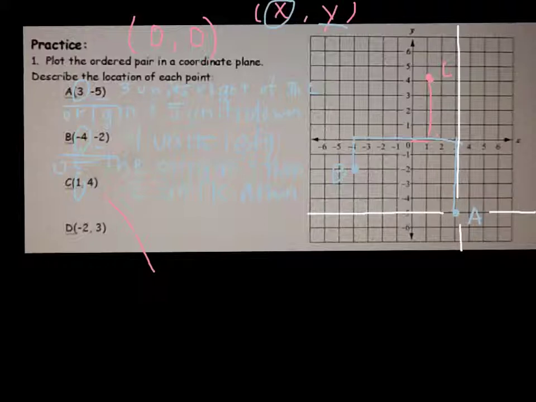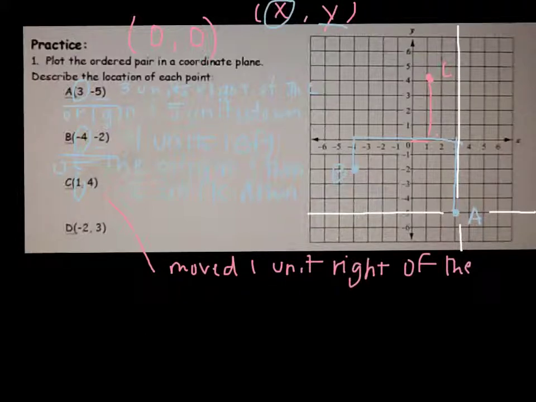I'm going to move ahead down here to do my describing of my point. So to find where that point went, I moved 1 unit right of the origin, and then I moved 4 units up.